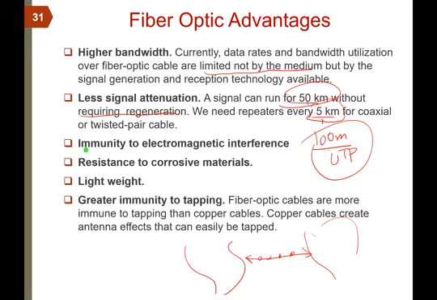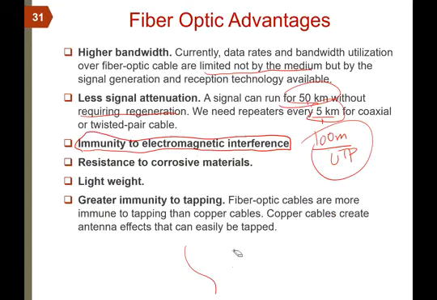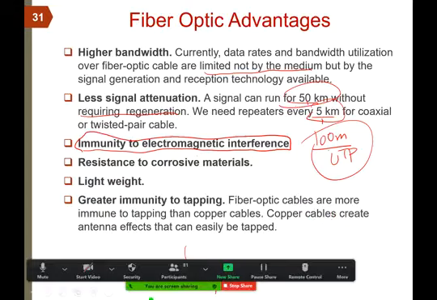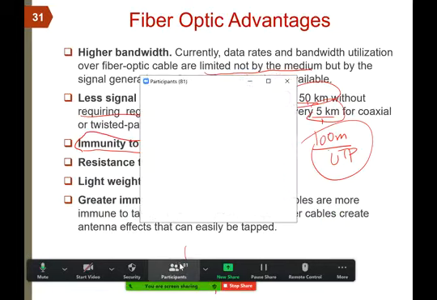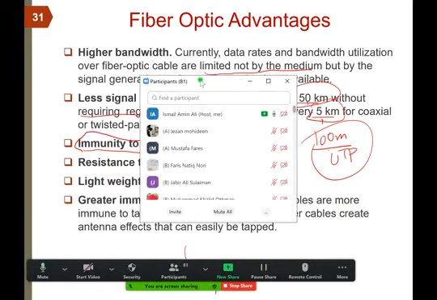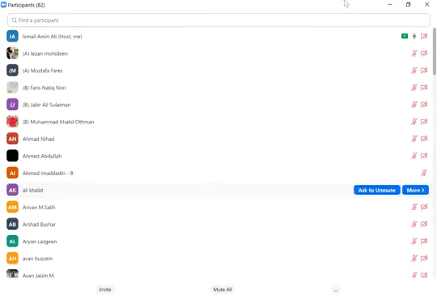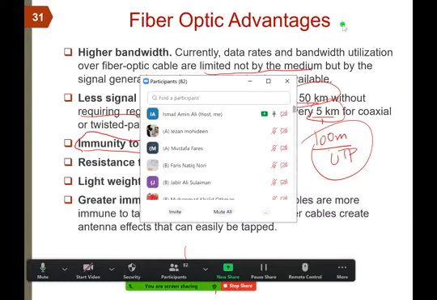The advantage is immunity to electromagnetic interference. I'll ask this question: why is the fiber immune to electromagnetic interference? Very good. So it's because it's light. We are not using electrical signals.